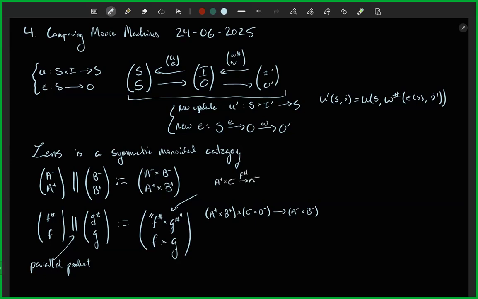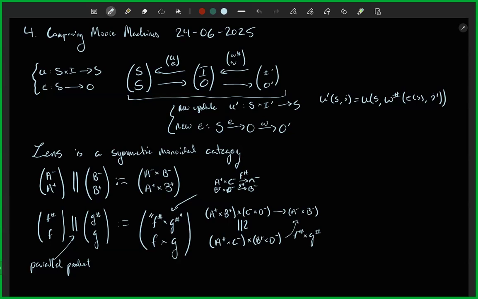This is F sharp, and we have B plus times D minus to B minus, and this is G sharp. So you can see we almost can apply it, but what we have to do is say that first, this is isomorphic to, we have to just rearrange the factors, A plus times C minus times B plus times D minus. And then we can do F sharp times G sharp.